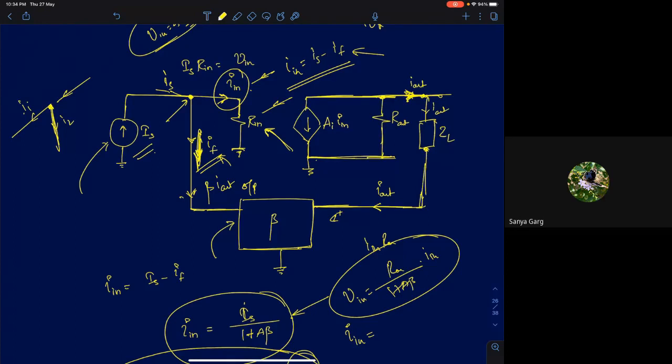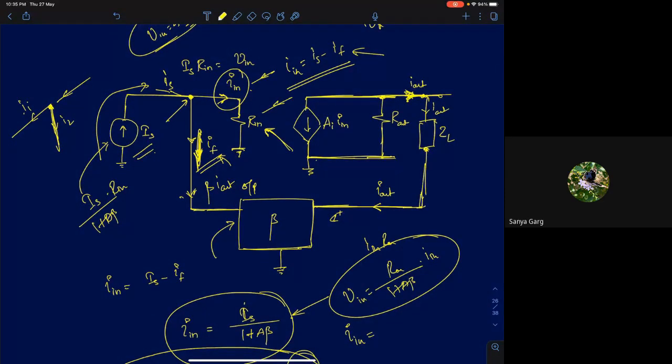Previously, it was just Is into Rn, but now it is In into Rn, which is nothing but Is by (1 plus A beta) into Rn. Now, what's happened here? The current source is the same, but now the voltage here is much smaller compared to the previous example.